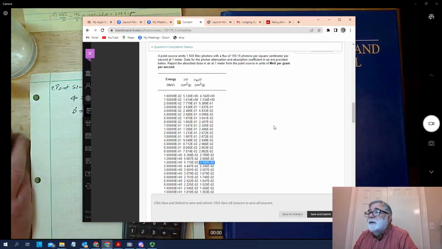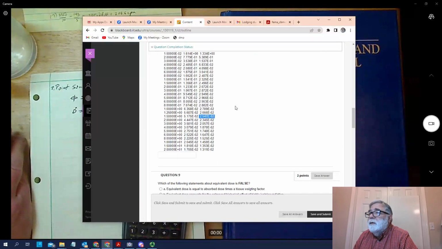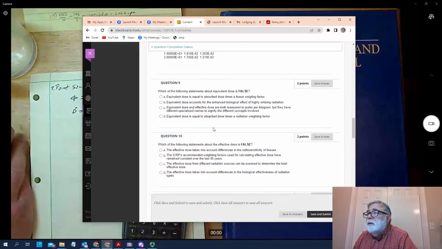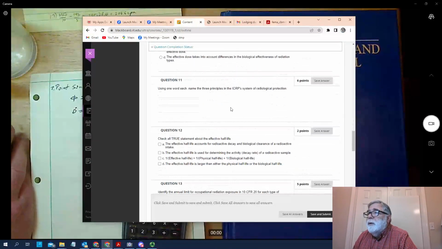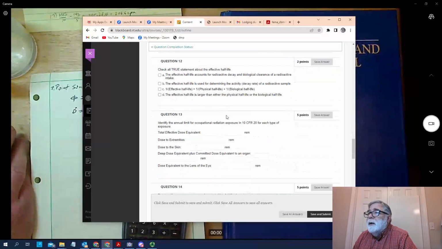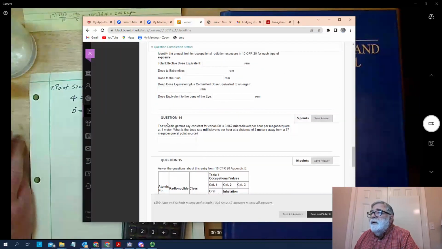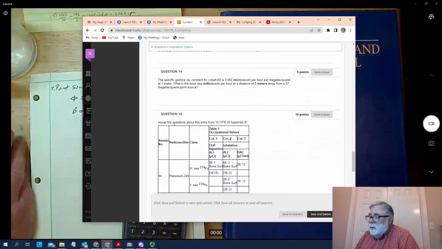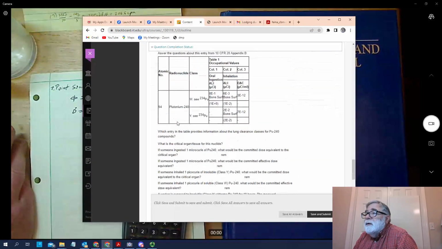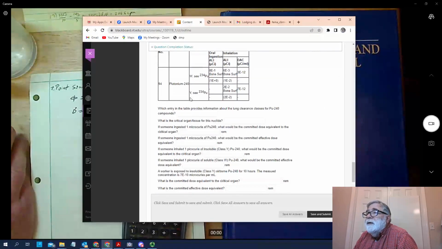Let's see what else we have to calculate here. No calculations, one word answer, identify the values. You can see the answers to these in your completed questions. Oh, there's some answers to be done here.